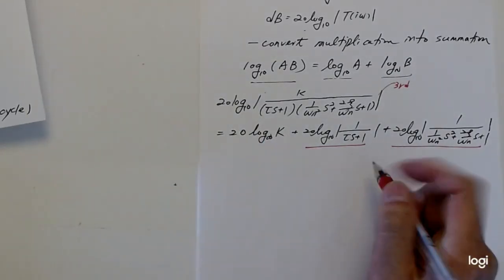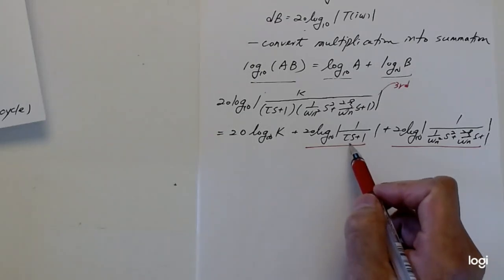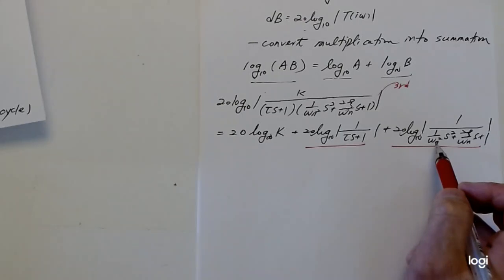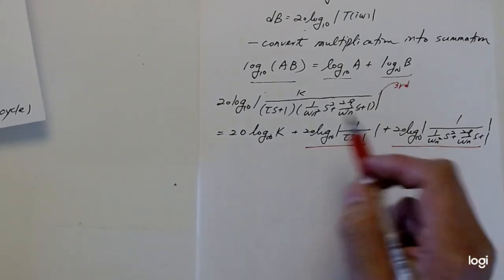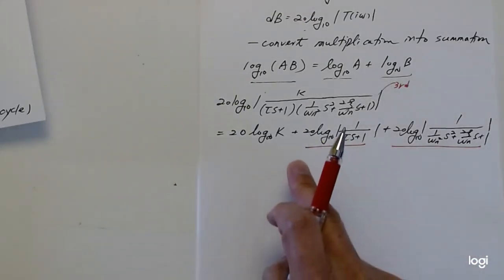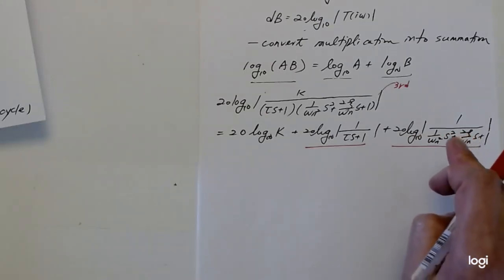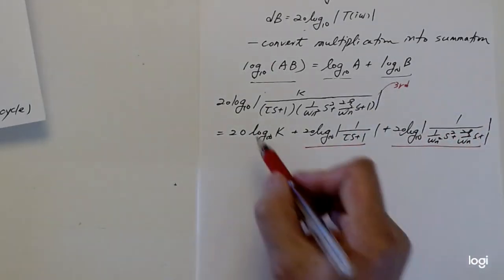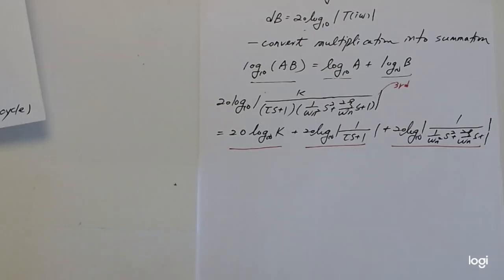As long as we know the basic first or second order system characteristics for a higher order system, we can always add them together to find the overall.